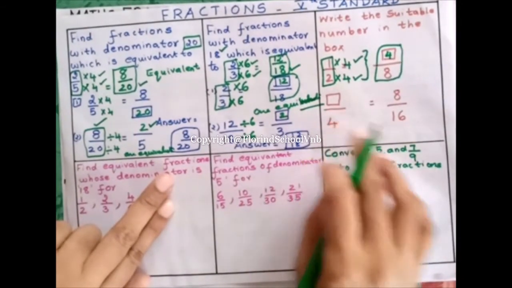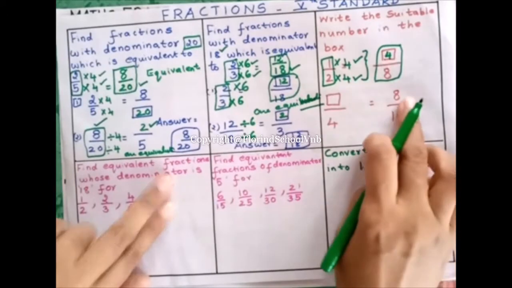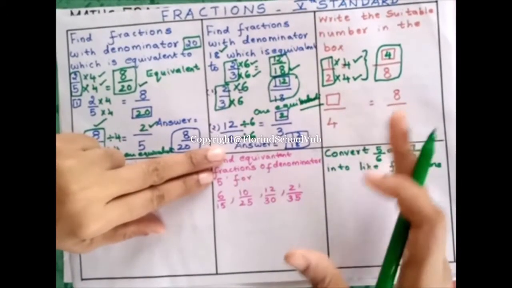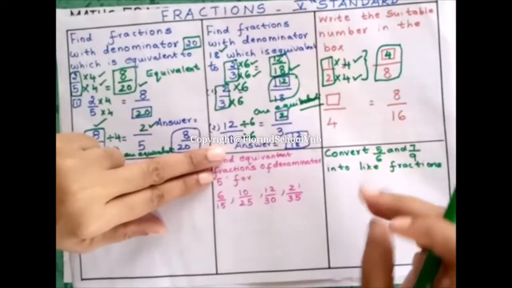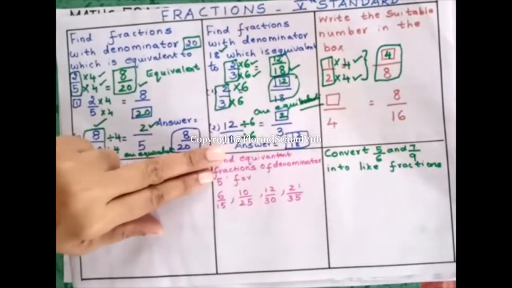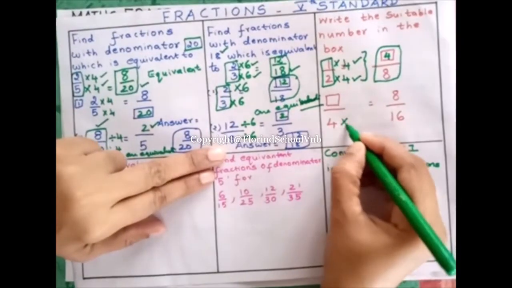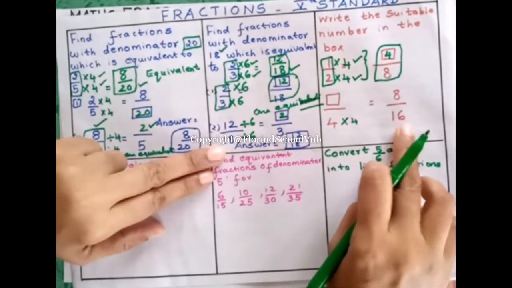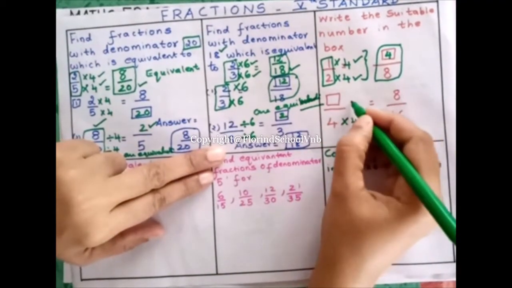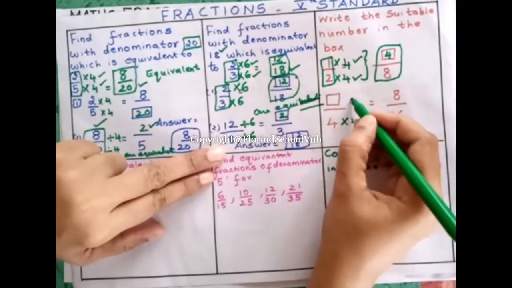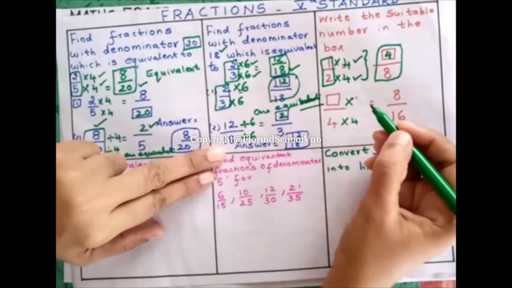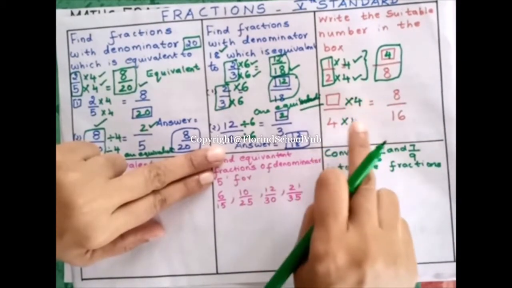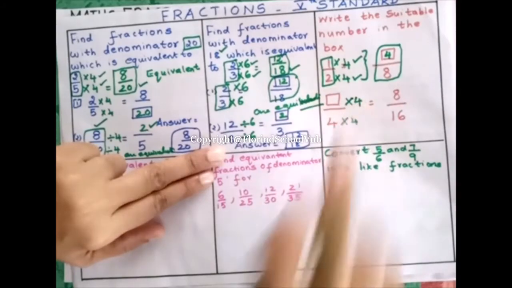Okay. Now, here the denominator is 4. Say 4 table. 4 ones are 4, 4 twos are 8, 4 threes are 12, 4 fours are 16. So multiply the denominator by 4, you get 16. In the same way, you have to multiply this numerator also by 4.